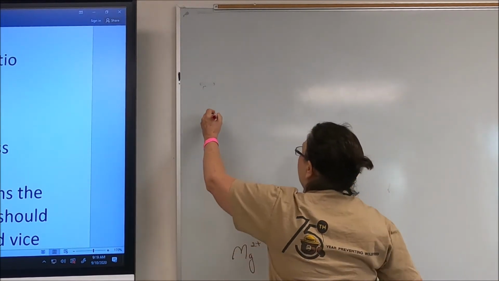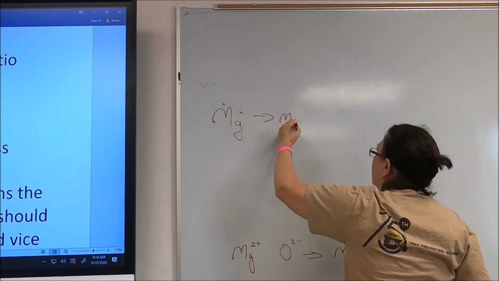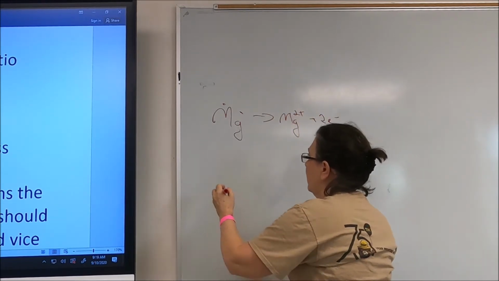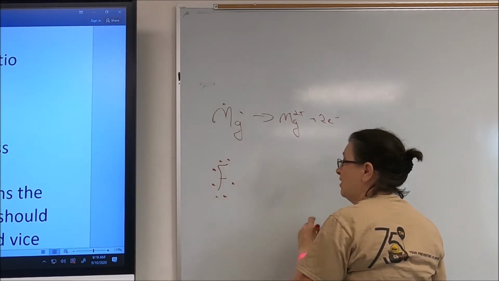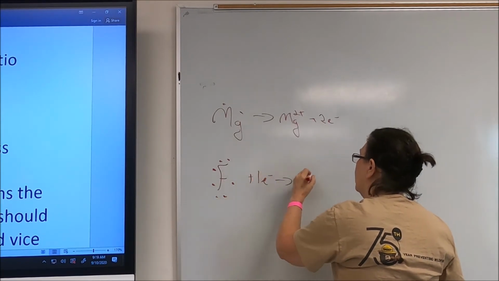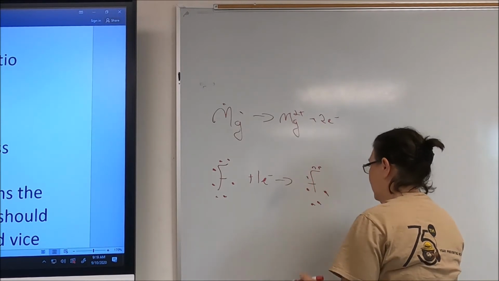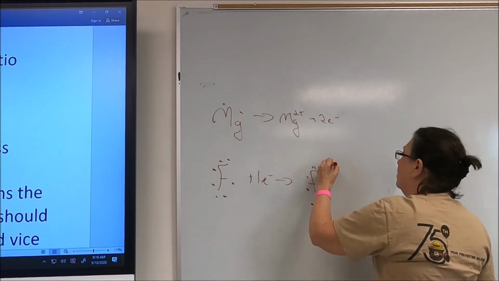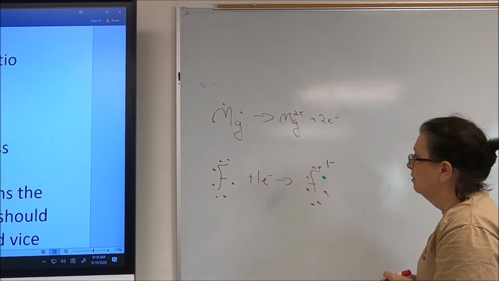Now, if I took that same magnesium and I want to combine it with fluorine, which has 7 electrons, fluorine only wants to pick up 1 electron to become the fluorine 1- ion, the fluoride ion.